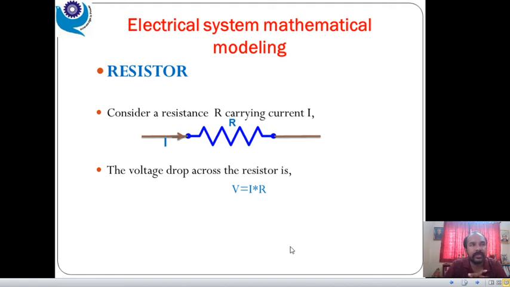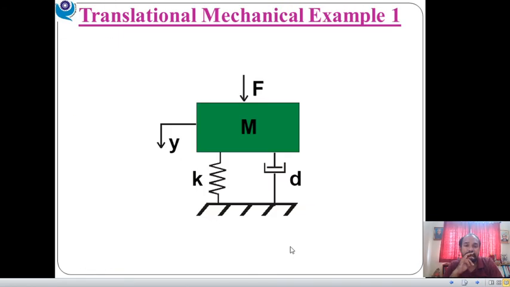When there is motion, there is friction, so friction is equivalent to the resistor. And last but not least, the capacitor: the inverse of capacitor, that is 1 by C, is equivalent to the spring. So the spring acts as the inverse of capacitor, the damper acts as a resistor, and the mass acts as an inductor.